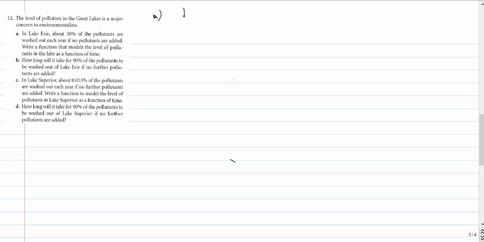So, decay factor is 1 minus 0.38, which is 0.62. So then if I say this is P sub 0 is my initial amount of pollutants, the equation becomes P equals P0 times 0.62 to the power T.